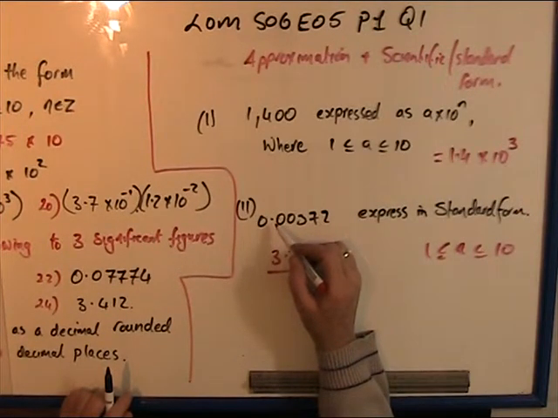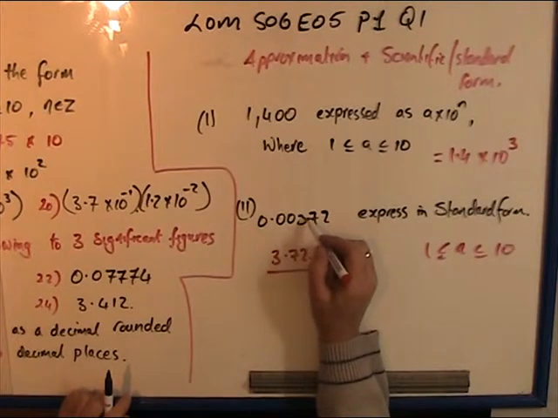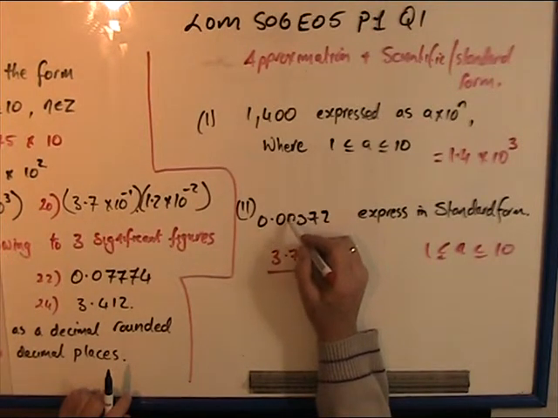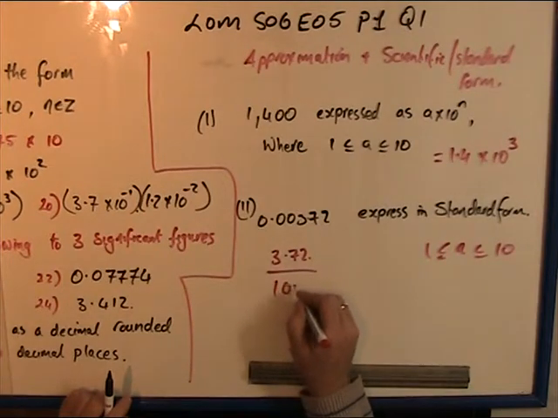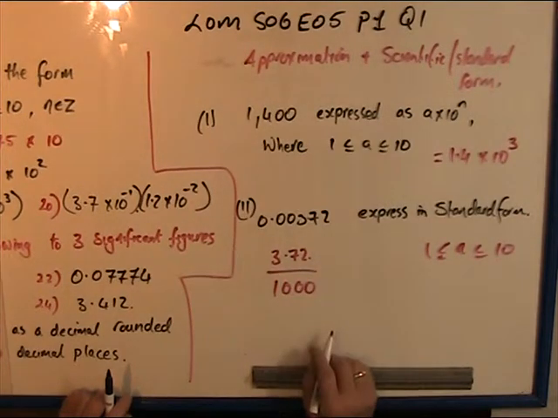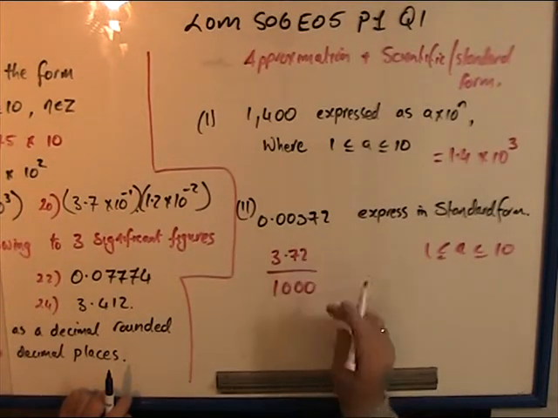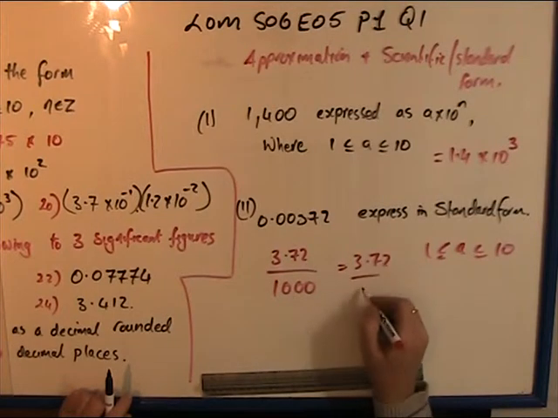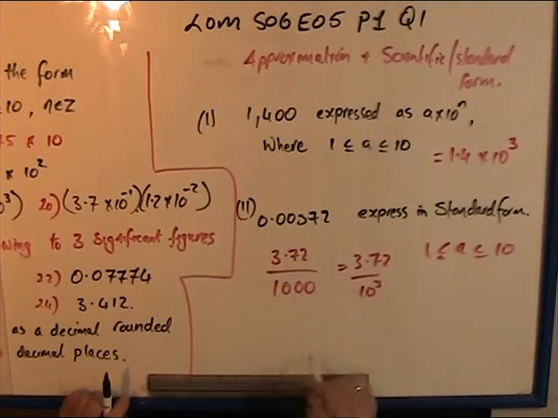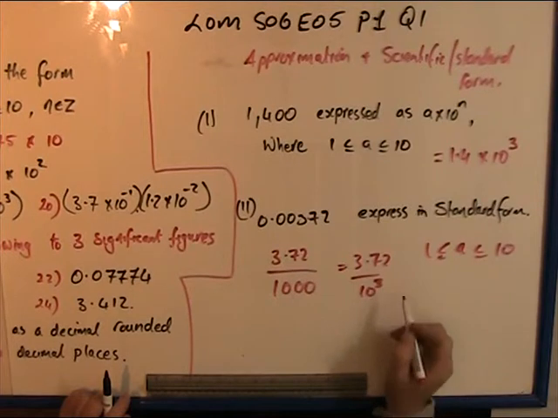So that's over 1000. It's a fraction, you remember. So 1000 is the same as 3.72 all over 10 to the power of 3, isn't it? Because 1000 is equal to 10 to the power of 3.